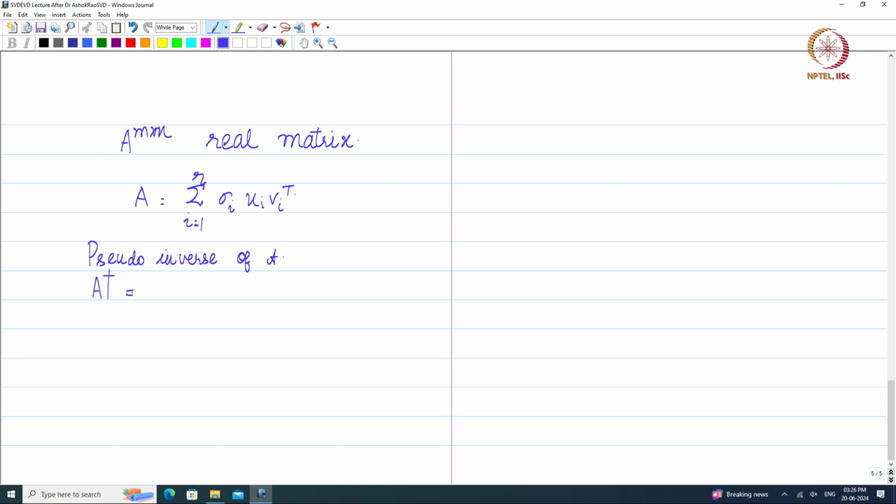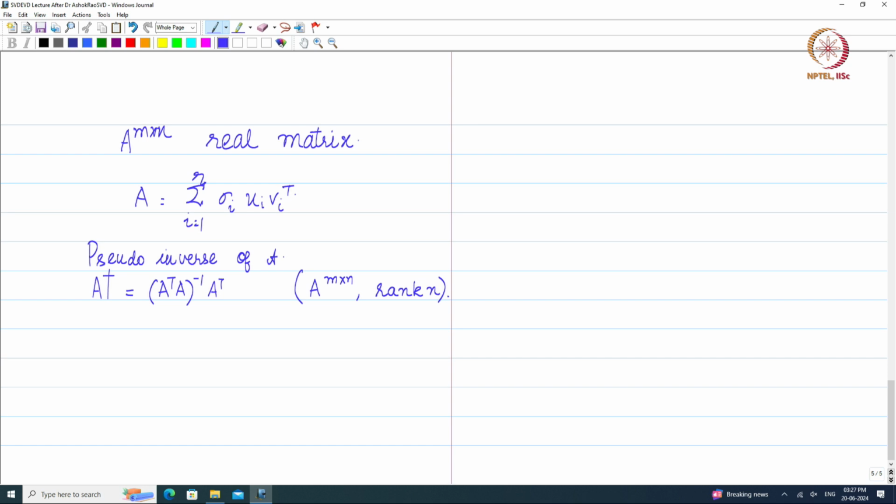the pseudo inverse of A was given by A transpose A, the whole inverse, A transpose. This was what the pseudo inverse was for a matrix A, m by n and of rank n. Now I want to study again the action of AX, like how we did in the case of real symmetric matrix.